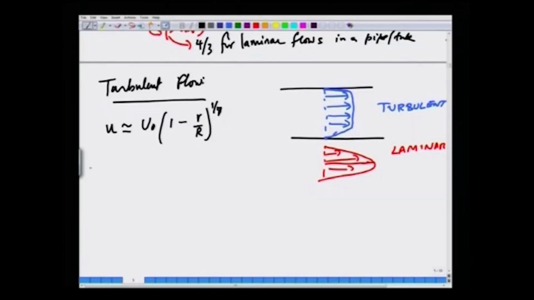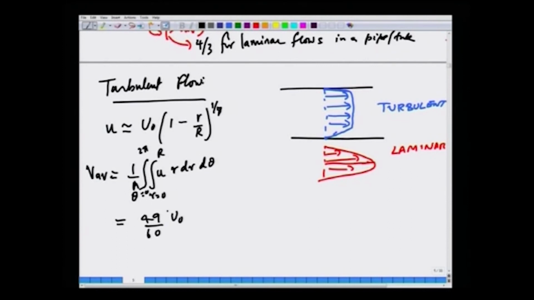Let us first calculate the average velocity. The average velocity is 1 over A integral u dA, which is r from 0 to r, theta from 0 to 2 pi, u, which is this expression, times r dr d theta. If you do this, which I will not do the algebra fully, the answer you will get is 49 by 60 u naught.